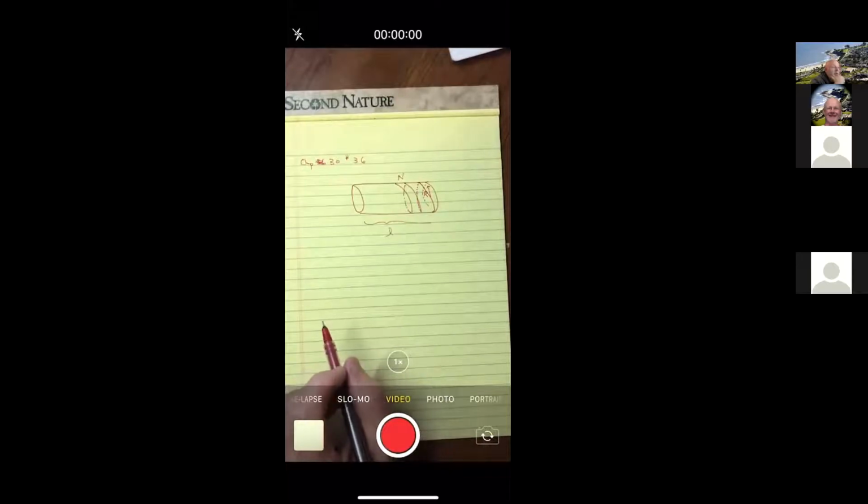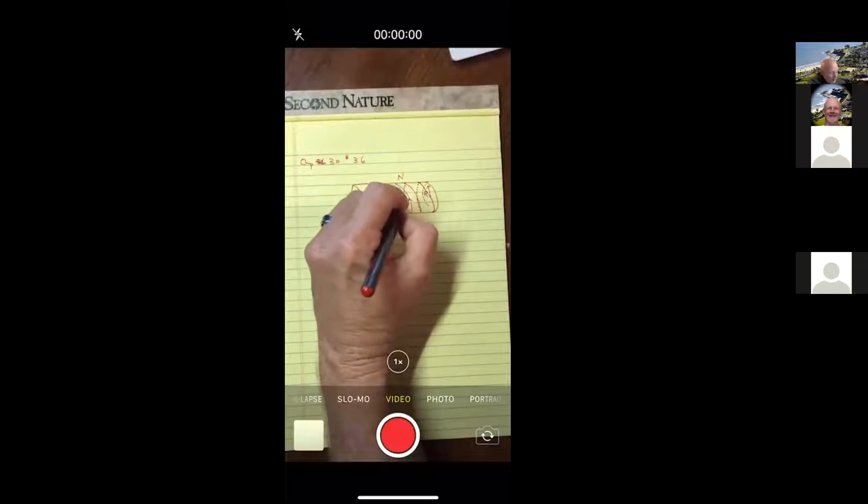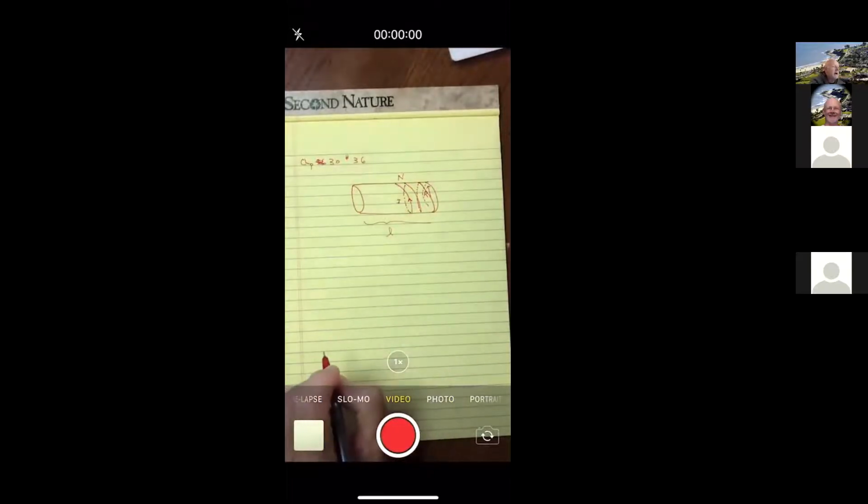All we're going to be able to do is define the magnitude and then leave it to the direction, either left or right, depending on what way the current is going. And it says carrying a steady current of I. Okay, so here is this current of I. A. It says, in terms of these parameters, find the magnetic field at a point along the axis as a function of the distance A from the end of the solenoid.